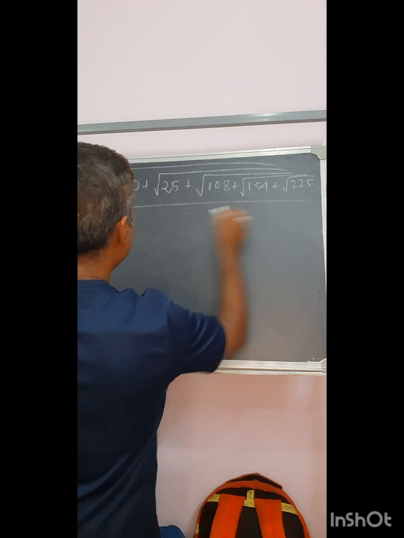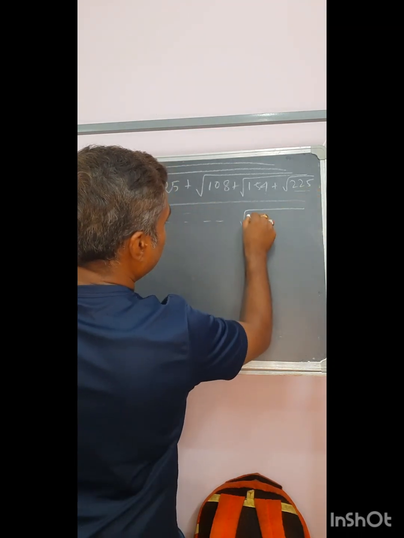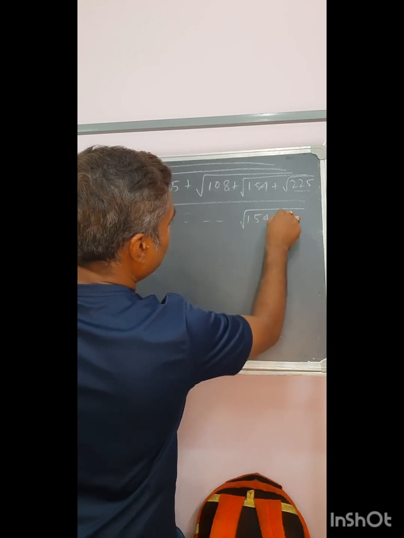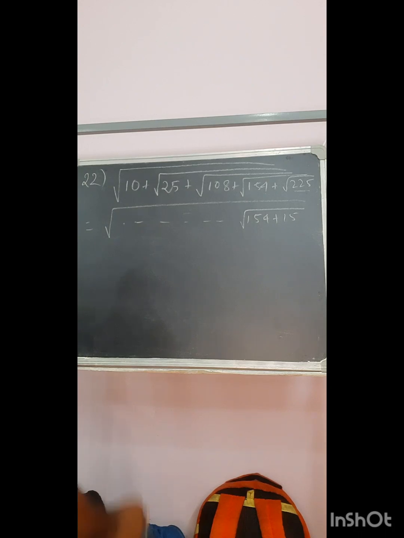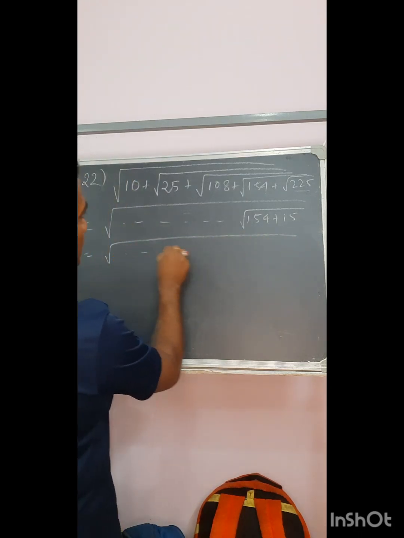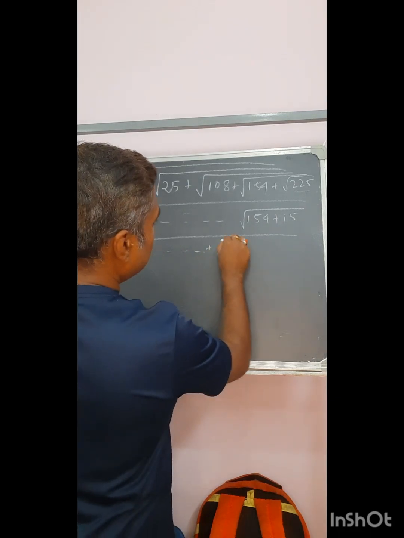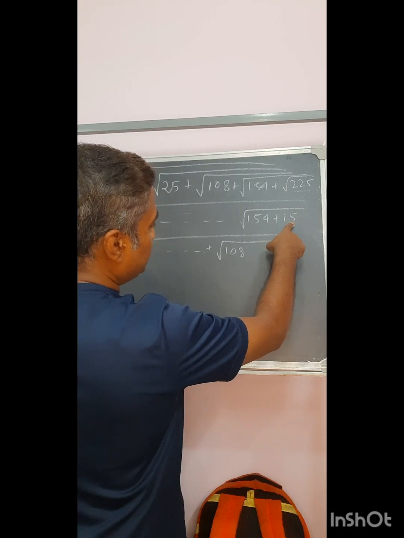So if I take the last term and remove this one, I will get 54 plus 25, that means 15 is the square root of that. Now if we add up this one, the next I will get with the 108, this is 169, that means 13.